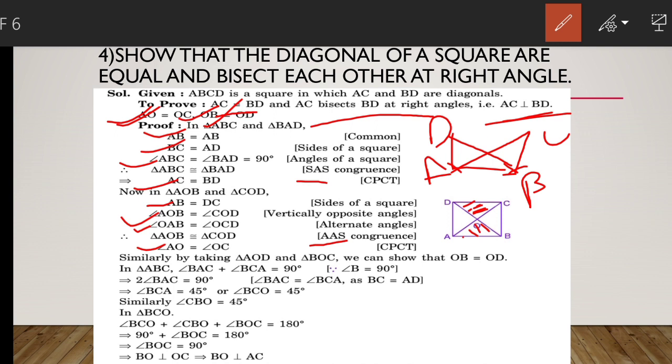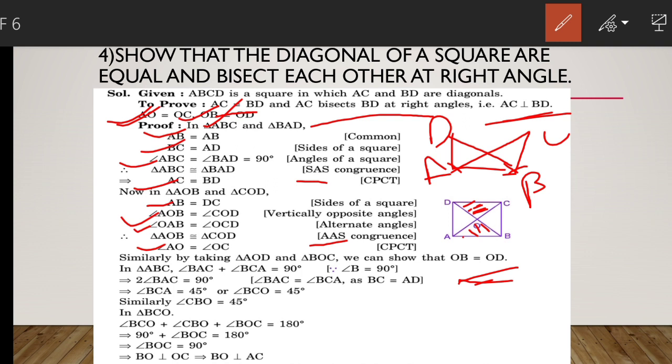Now, similarly, using the same procedure, since we have proved AOB is congruent to COD, we can prove AOD is congruent to COB. So we will get OB is equal to OD using the same congruency rule.